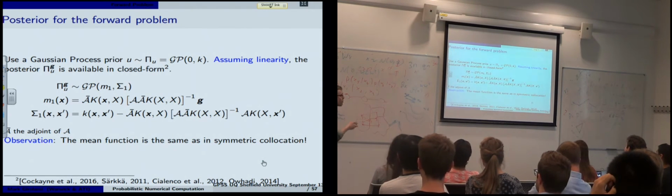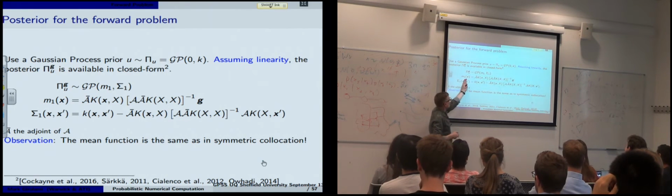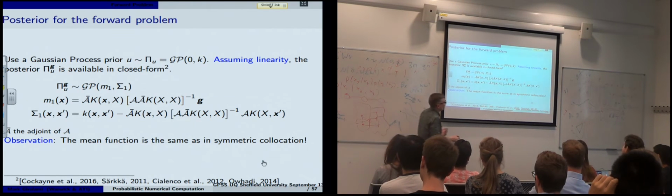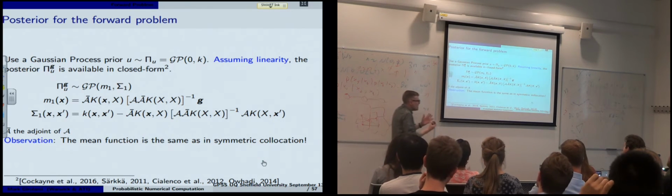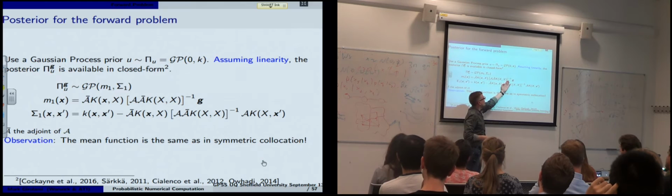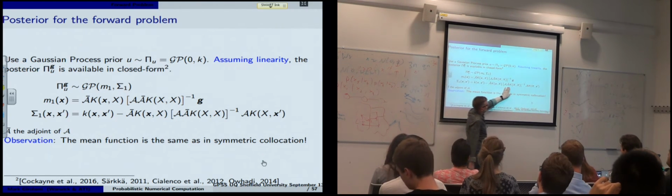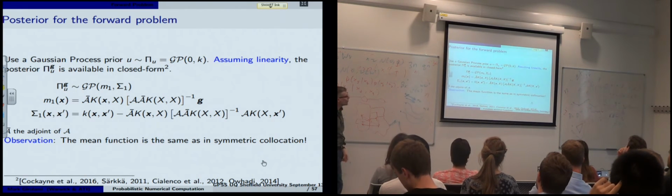But what's really nice is that for numerical analysts this mean function is in actual fact the approximation that a symmetric collocation method would return. So what we are obtaining in the mean is what a numerical method would return, but we've now got this very important measure of uncertainty in the solution. This is really important.